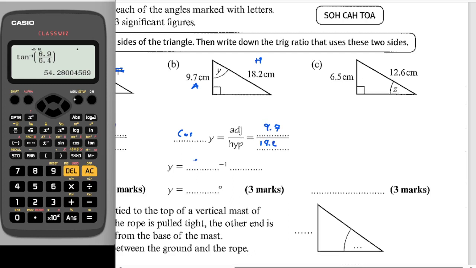So cos to the minus 1 of 9.7 divided by 18.2. I misread my writing there, so let me write that a little bit neater.